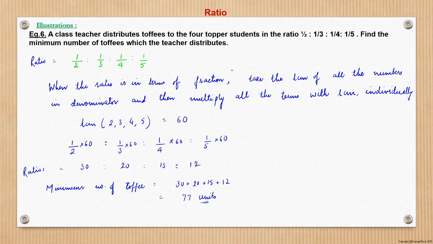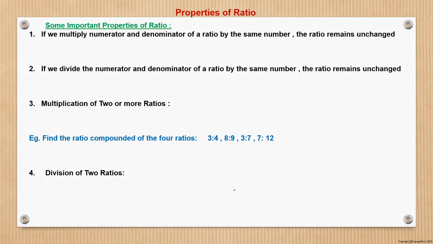So 77 units of toffees were there, minimum, at least this much, or it may be 77 into 2 or 77 into 3. But at least 77 toffees were there, so that in this ratio he can distribute the toffees to different students, right?